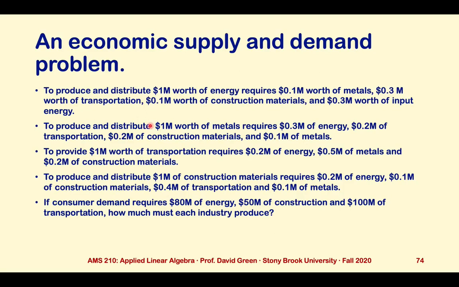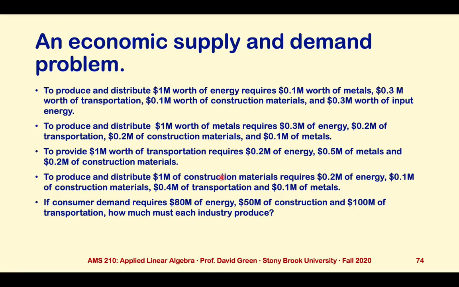Similarly, to produce 1 million of metals requires 0.3 million of energy, 0.2 of transportation, 0.2 of construction, 0.1 in metals. To provide $1 million worth of transportation requires 0.2 of energy, 0.5 million of metals, 0.2 of construction.